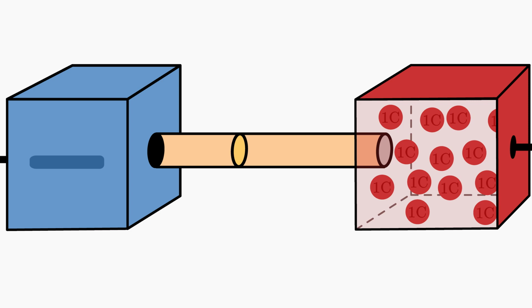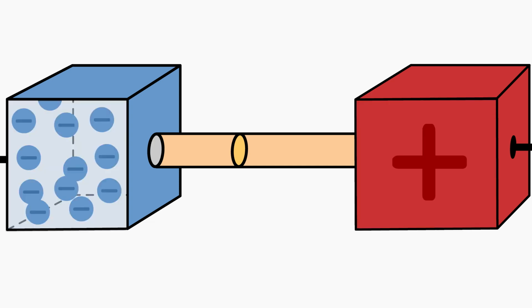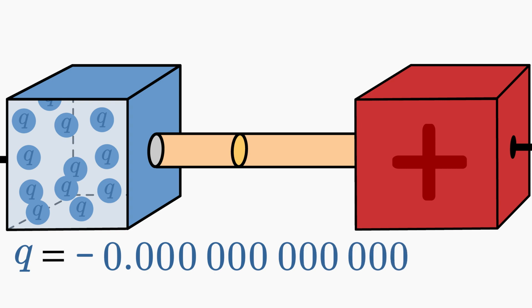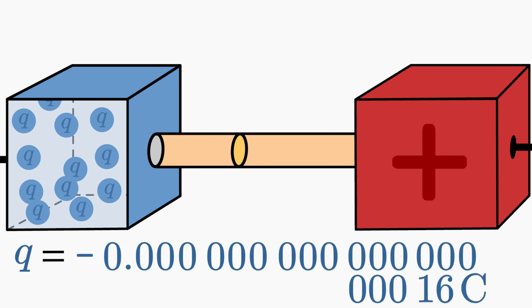But in reality, the particles carry a much smaller charge. Usually, the negative electrons are responsible for the electric current in conducting wires. They carry a tiny negative charge, namely minus 0.000000000000000000016 coulomb.